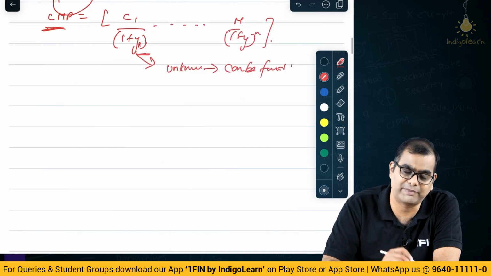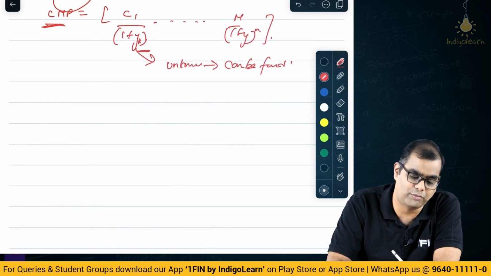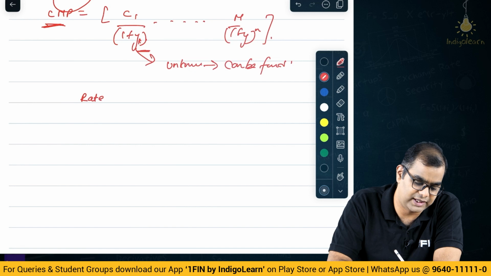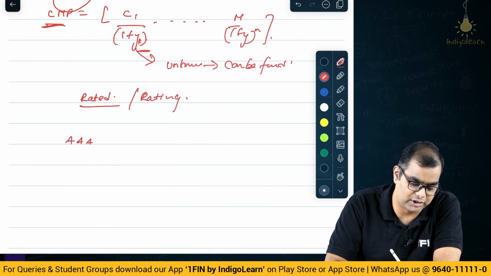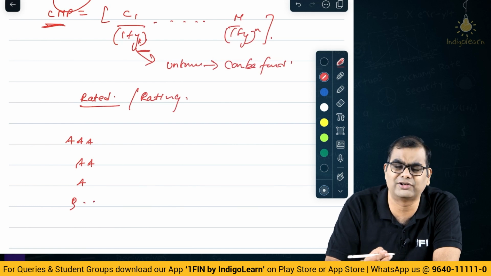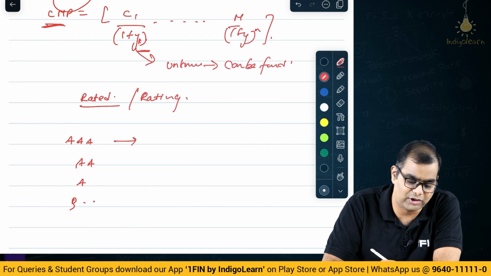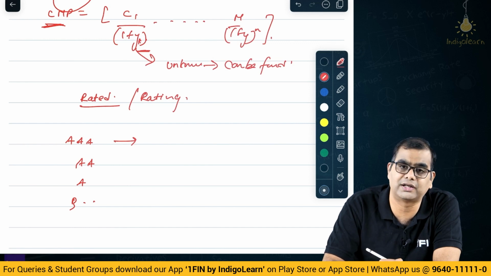So what generally happens in the market is, you have bonds that are rated. Every bond has a rating. This is basically credit rating. So if there is a AAA bond, AA bond, A bond, B bond, BBB, like that, you will have varieties of rating. Typically they say this AAA is going at equivalent to government securities.